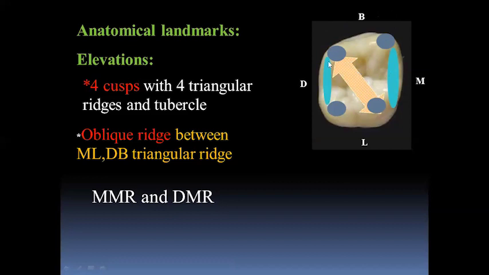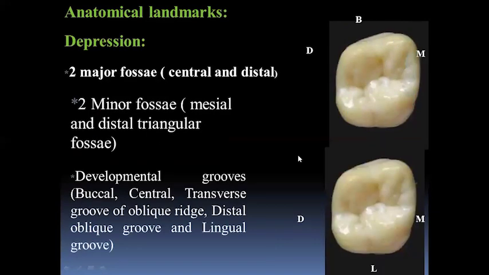Mesial and distal marginal ridges are present. Depressions, two major fossae. This is a central fossa. This is a distal fossa. Two minor fossae, mesial triangular fossa and distal triangular fossa.